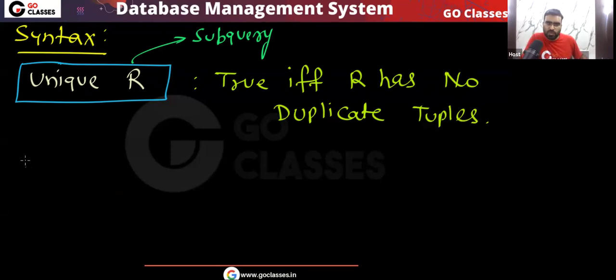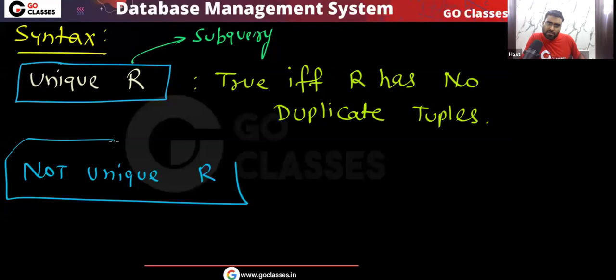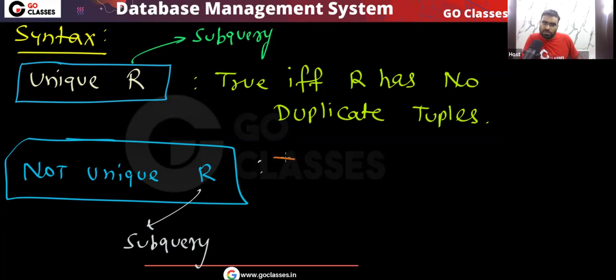Simple, right? Similarly, there is not unique R, where R is a subquery. Tell me when this will be true. This will be true if and only if R has some duplicate tuple.